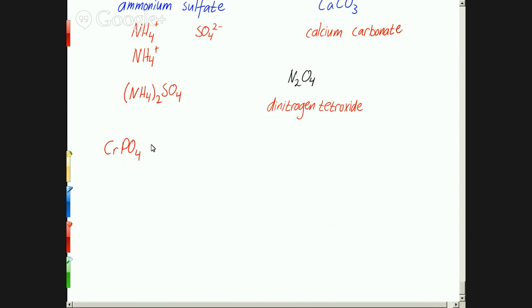That's the tricky part. This is capital P, capital O. So what does that make it? Phosphate. Phosphate, right? This is a polyatomic ion.